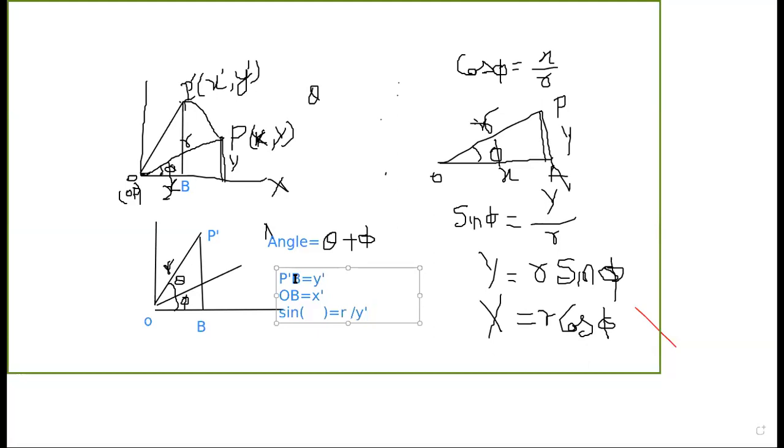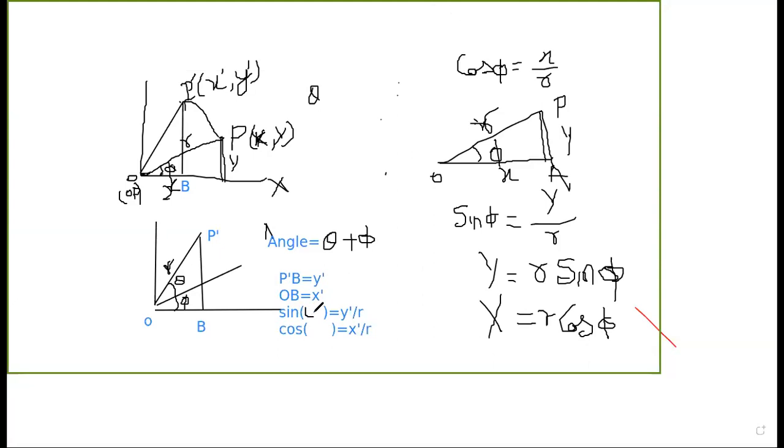Y dash upon R. Very good. And in case of cos, X dash upon R.